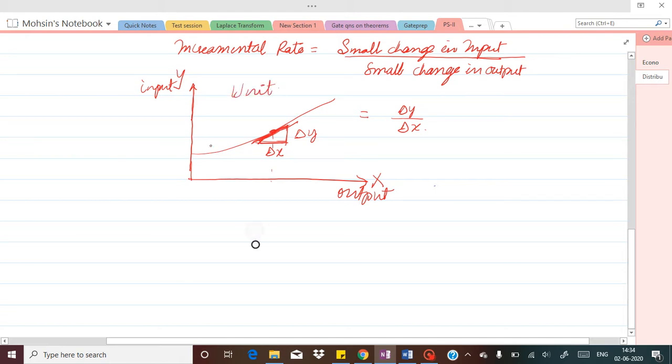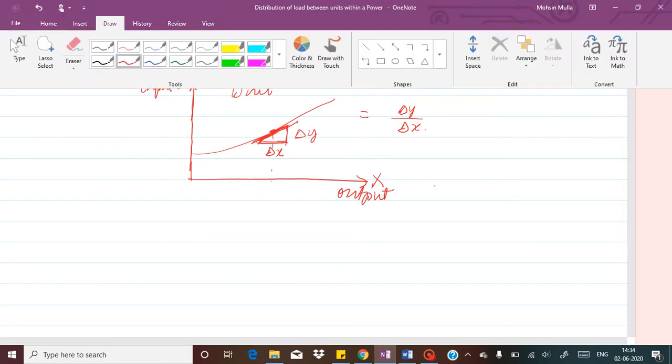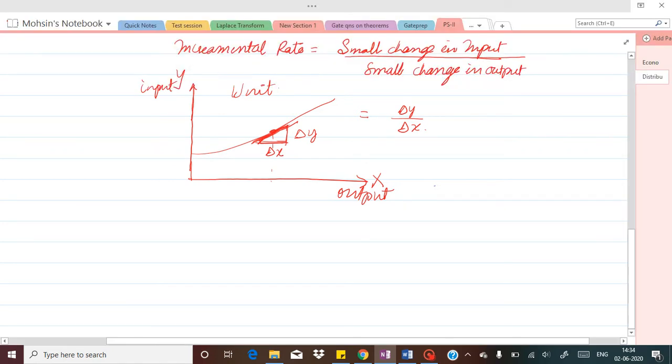Suppose for this particular case the input is in kilojoule per hour. So what is the input here? Energy or the fuel consumption.